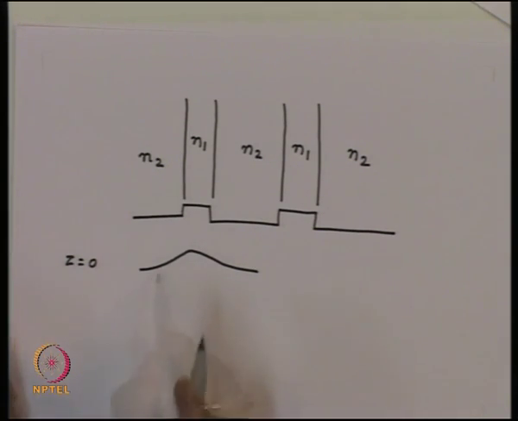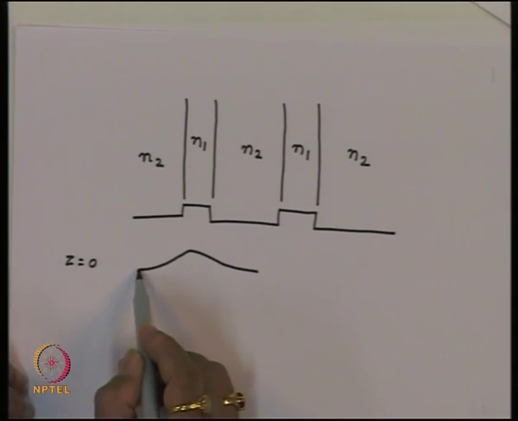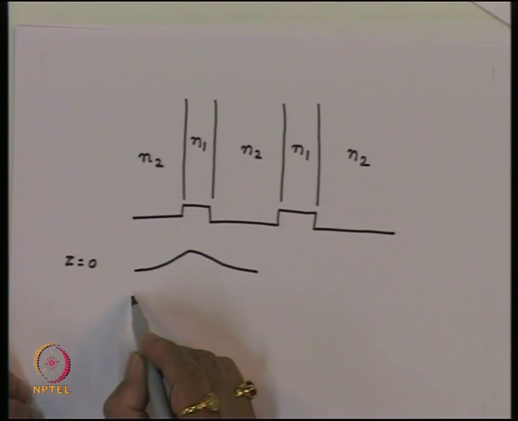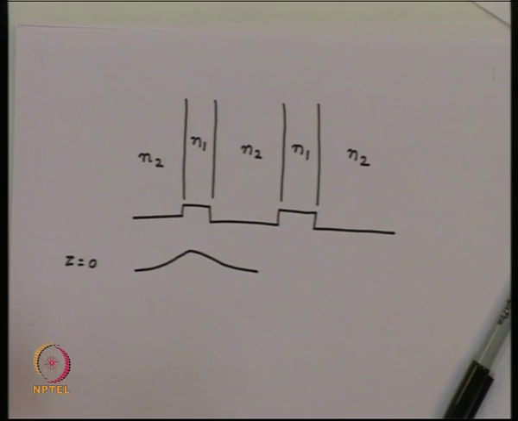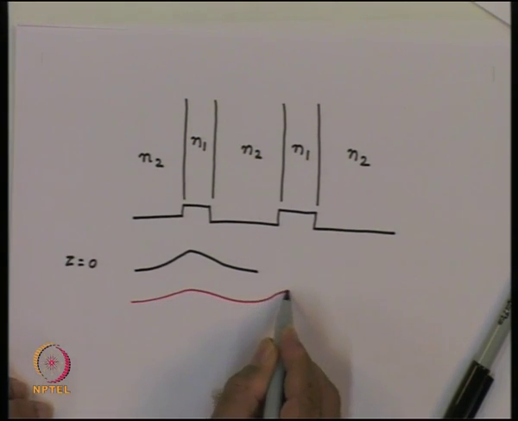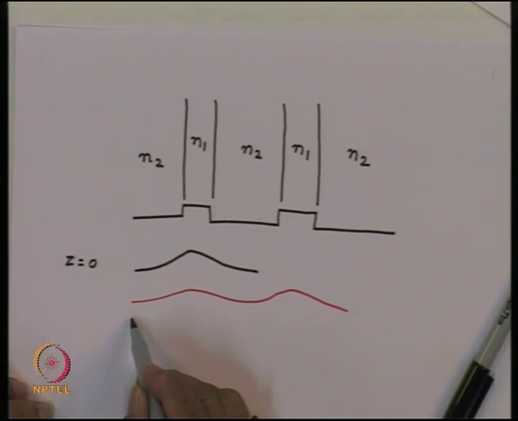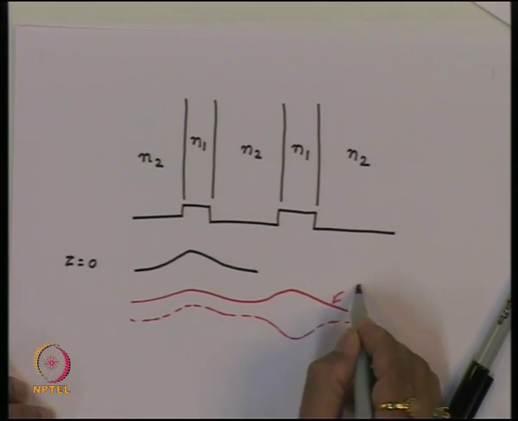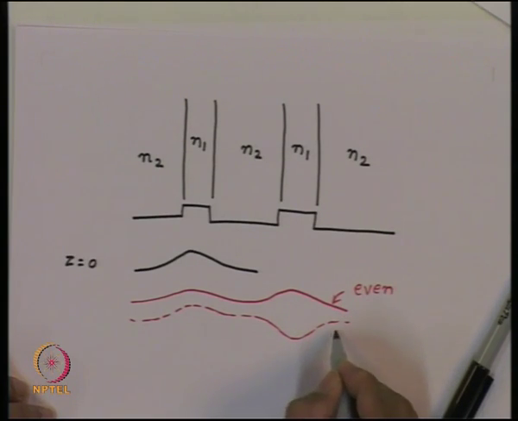Now, what we can do is we can visualize this field distribution as a combination of even and odd function. So, we can say this is equivalent to one structure which is even function and one odd function. So, this is the even function and this is the odd function.